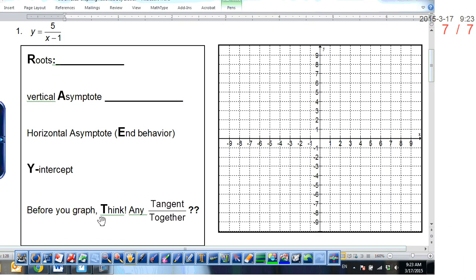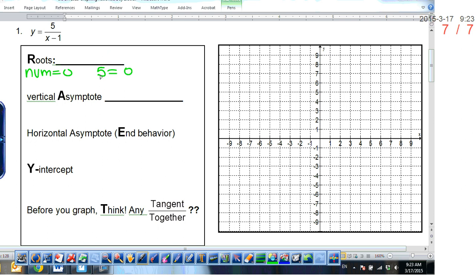To find our roots, what does our helpful sheet tell us to do? Good. To find our roots, we're going to set the numerator equal to 0. All right, well, what is our numerator of this polynomial? 5. All right, well, when does 5 equal 0?